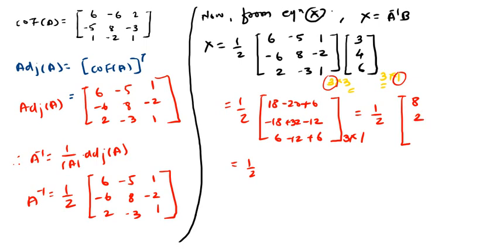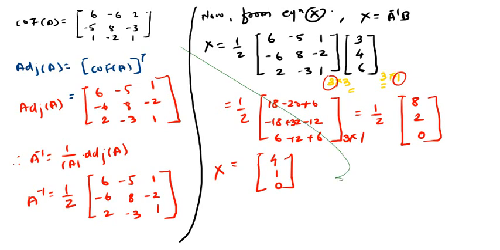And then 6 minus 12 is minus 6 plus 6, this will be 0. So dividing by 2, see what we will get. This will be equal to 4, 1, 0. And this is the matrix X. So we got the value for the matrix X, which is what?